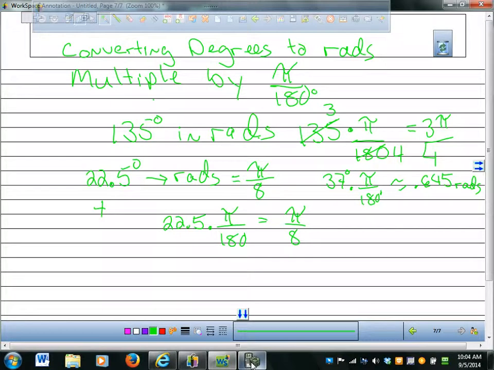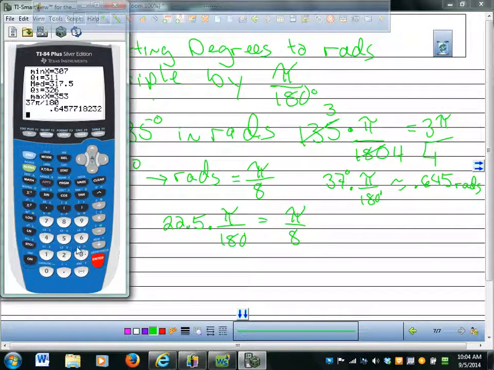Your calculator, I think, can also do that for you. If you did 37 second pi, and I think if you go to this thing angle, second angle, and where is that?